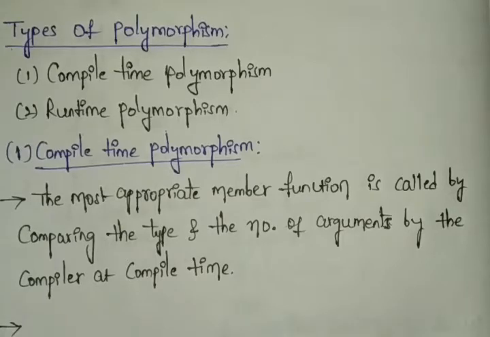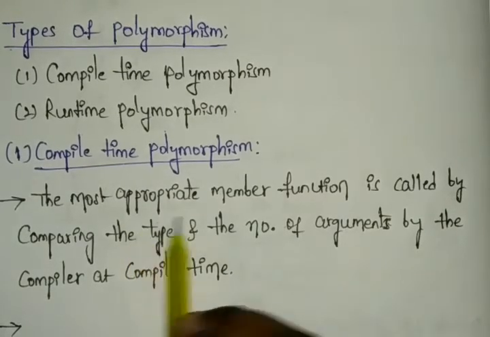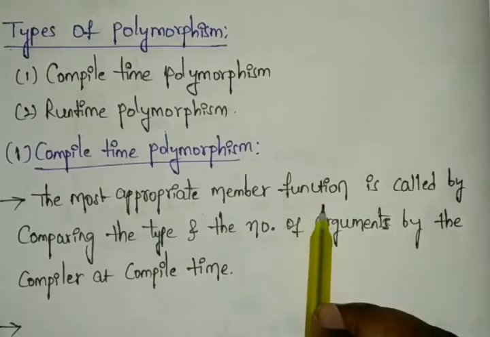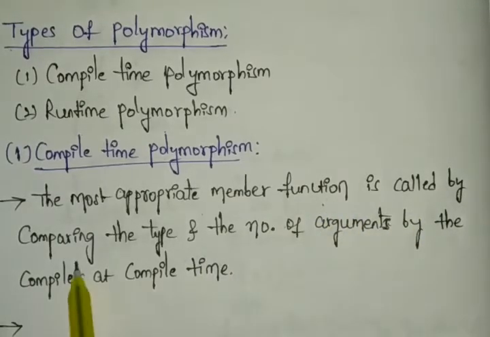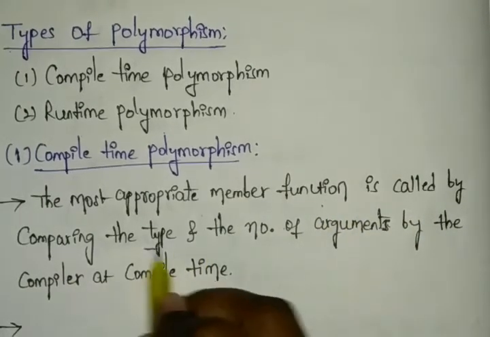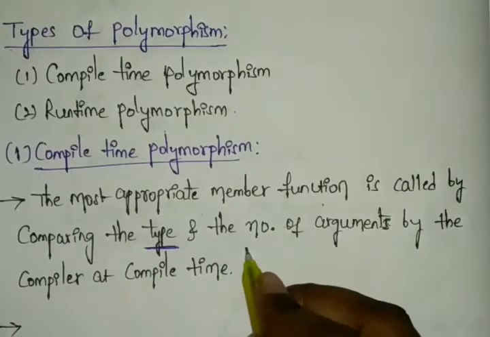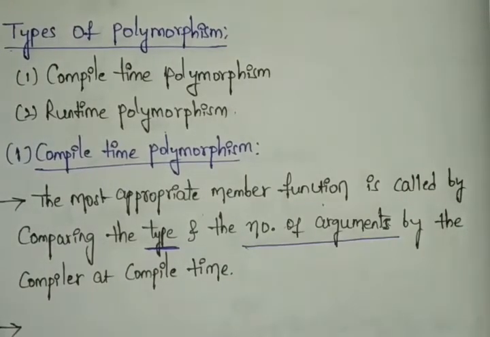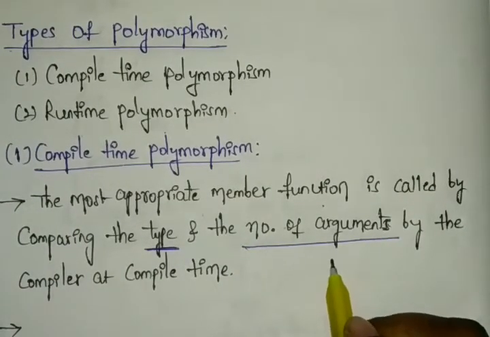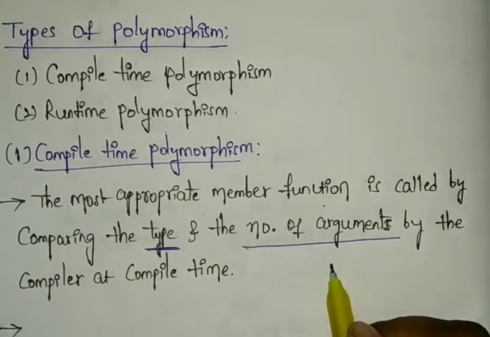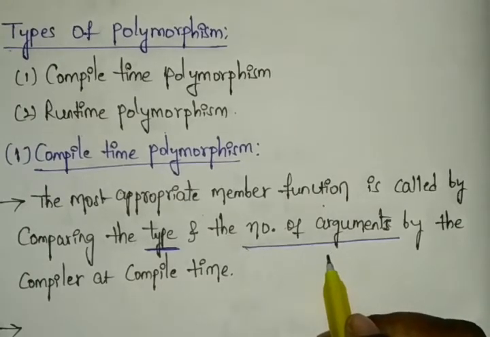Here the most appropriate member function is called by comparing the type, meaning your data type, and the number of arguments. Whatever you pass, the number of arguments means your parameters.